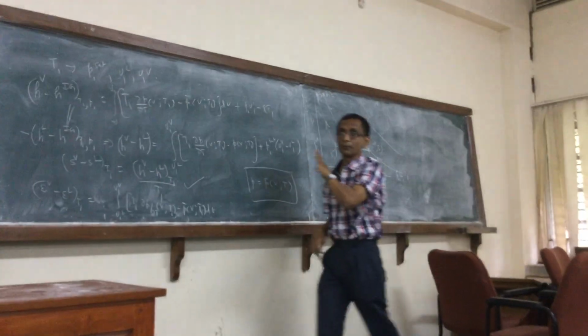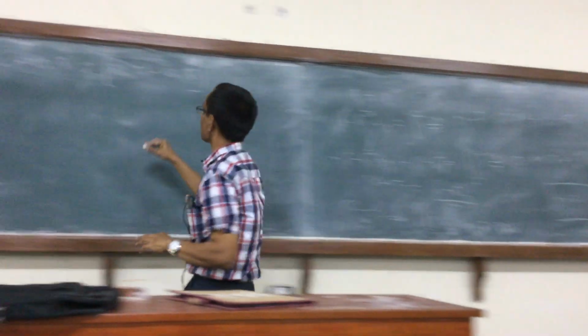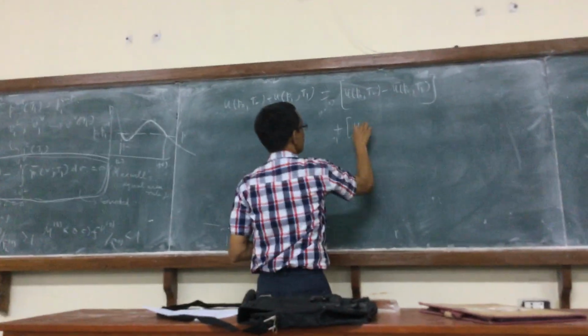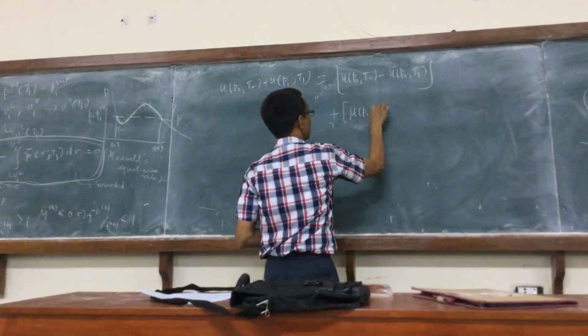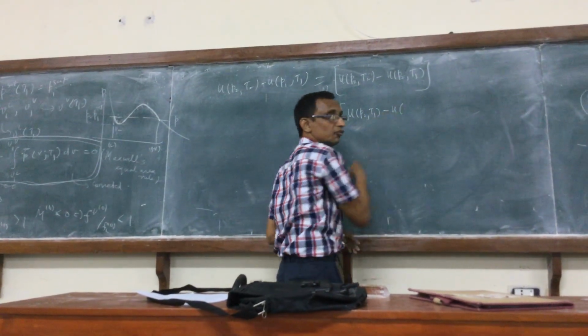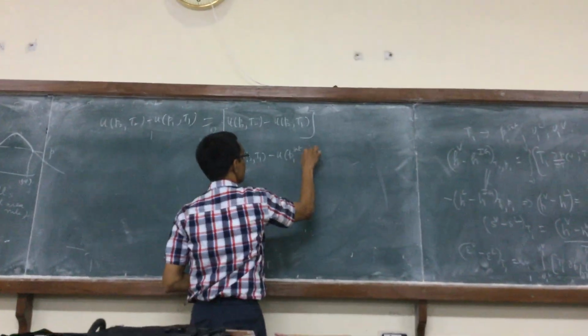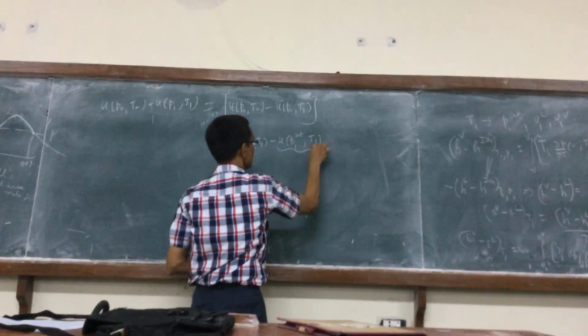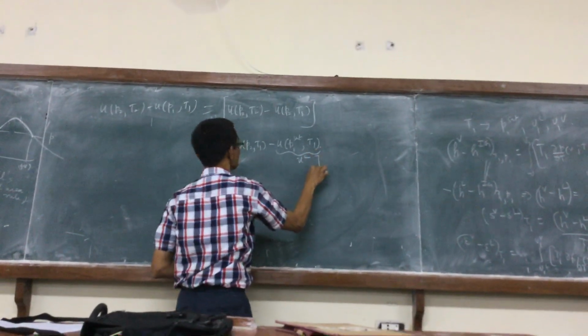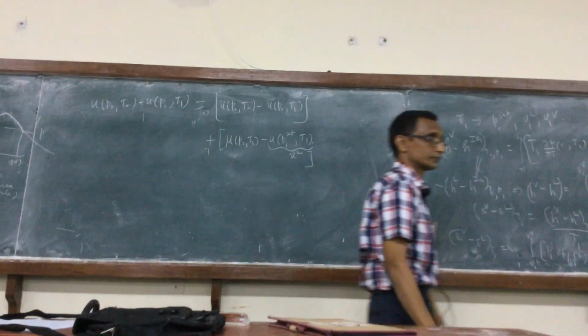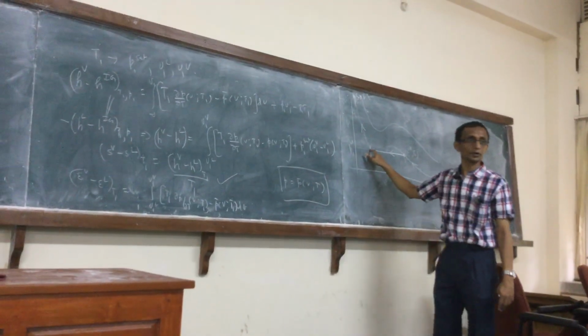But now at the same temperature, so that could be plus U of P2, T1 minus U of P1 sat, T1. This is actually UL. Right? That is the saturated liquid corresponding to T1.